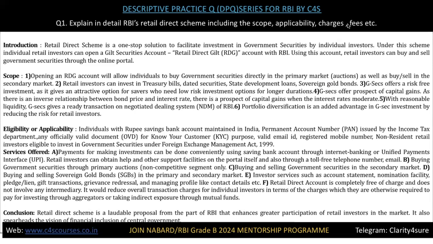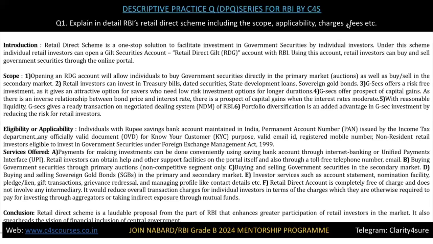Then we can add the services offered and the benefits this scheme has, because the question is asking for an explanation of the Retail Direct Scheme. So you have to add many more points about the benefits of this scheme. Then we can give a conclusion. So let's start the answer.